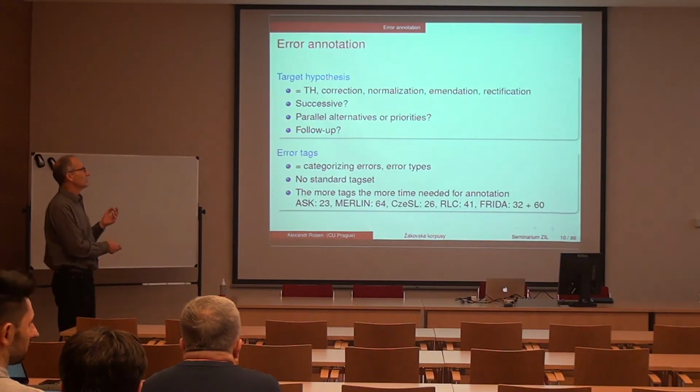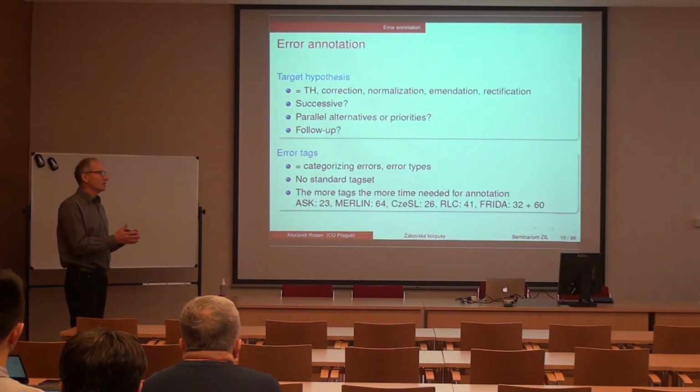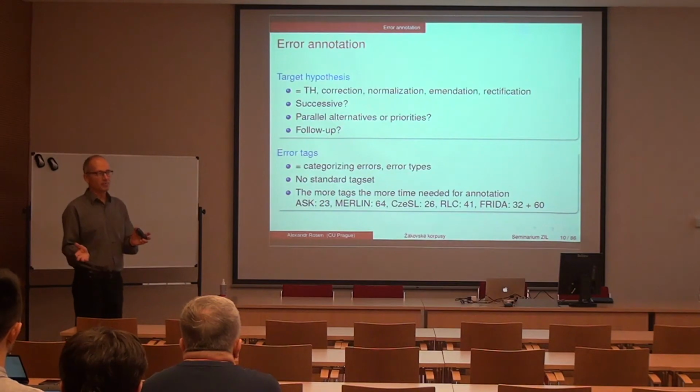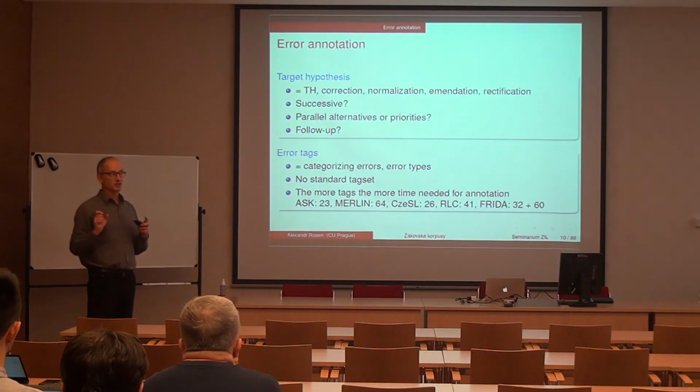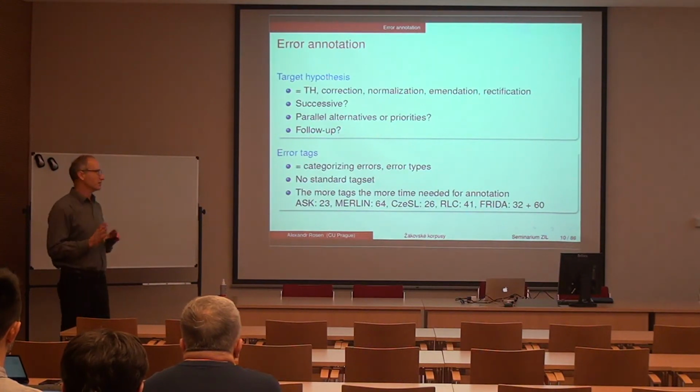So do you really want parallel hypotheses? It's nice theoretically, but in practice it's really hard. If you want to build a corpus and then search even among those hypotheses, it can be difficult.